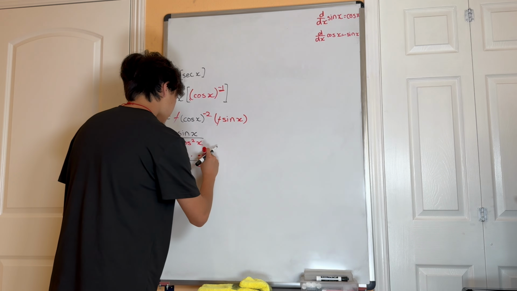And one distinction: sine to the negative 1 of x is not equal to sine x to the negative 1. This is stupid because it's just a notational thing. But this guy right here is arc sine of x, which just means inverse sine, and that is obviously not equal to cosecant. So that's just one notational thing you have to be careful of.